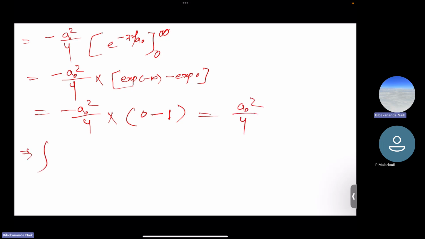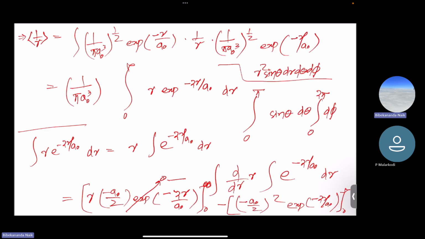So the total integration will be, we know the integration of sin theta d theta d phi, where theta is 0 to pi and phi is 0 to 2 pi, will be 4 pi. So the expectation value of 1 by r will be how much?